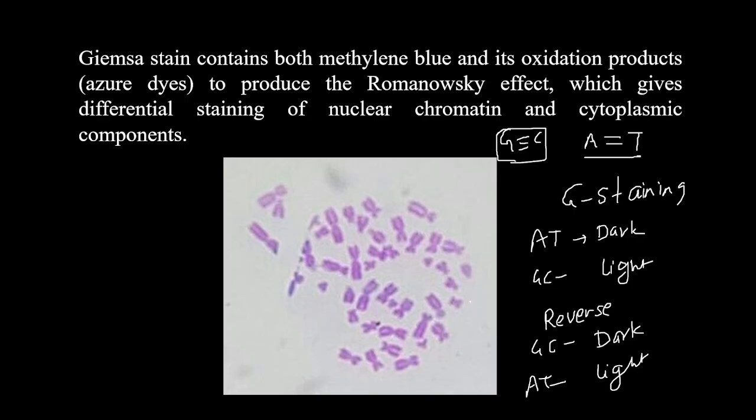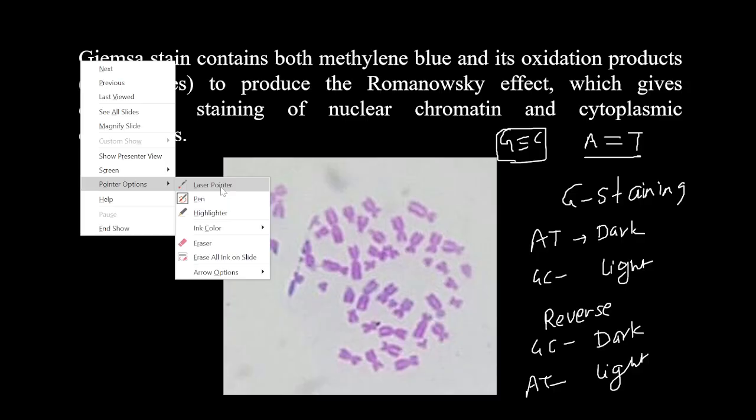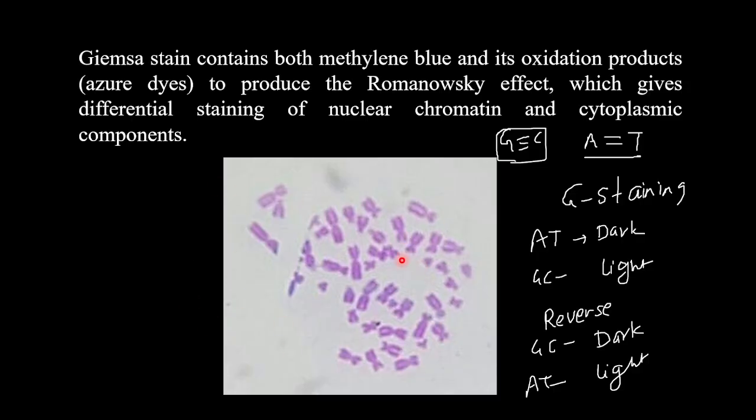So when you are staining the chromosomes by G staining, you will get something like this, the purple or violet colored chromosomes. In this you cannot find out the homologous pairs of chromosomes, which one is coming from the mother or which one is coming from the father.